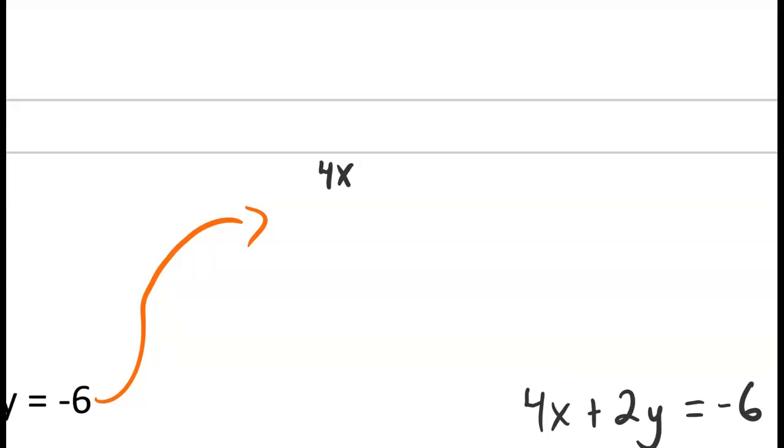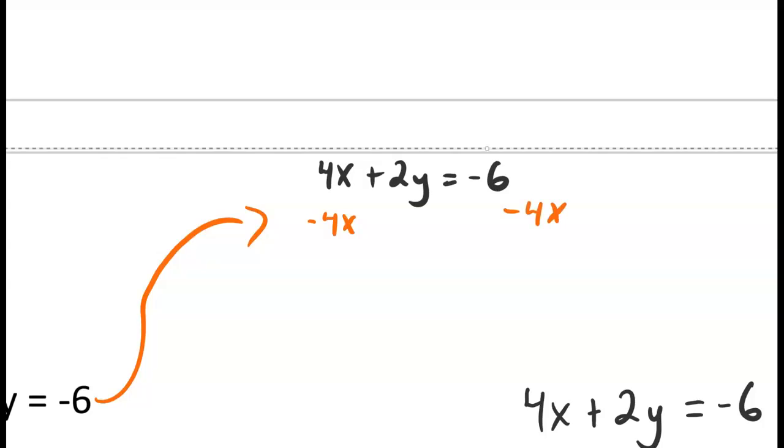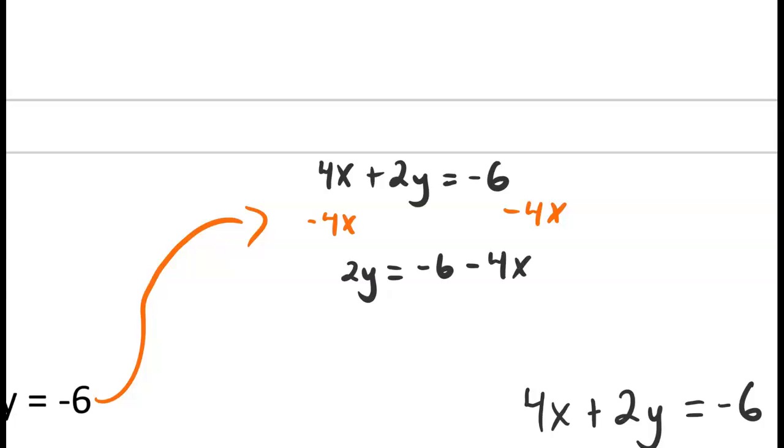For 4x plus 2y equals negative 6, well, we want to get y by itself, so we have to move 4x to the other side. So subtract 4x, subtract 4x. That gives us 2y equals negative 6, subtract 4x. Now we want to get this 2 off of the y.